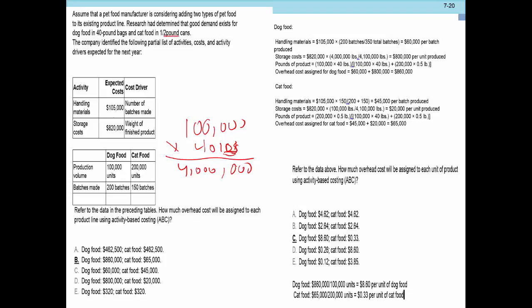And then the cat food was 200,000 cans times 0.5 pounds per can, that's the 100,000. And that gave me the total allocation base of 4,100,000, right? The dogs represented 4 million of that. The cats only represented 100,000 of that total.